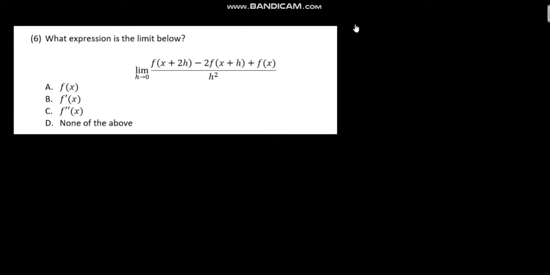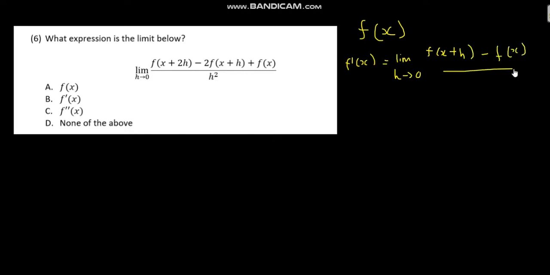When you are asked to find the derivative of a function using the limit approach, and let's say you have a function f of x, then f prime of x will be equal to the limit as h approaches 0 of f of x plus h minus f of x, all divided by h. So this will be the formula for the first derivative.